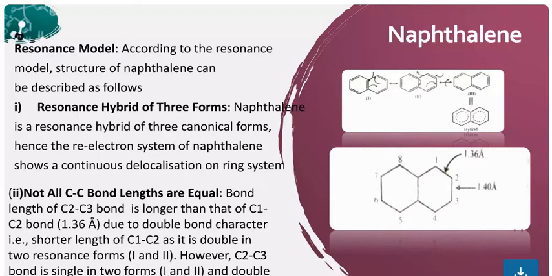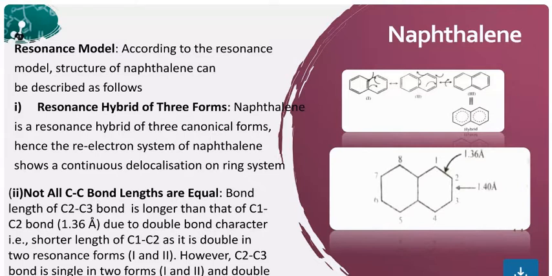Another most important point for examinations and competitive exams: not all carbon-carbon single bond or double bond lengths are equal. The bond length of the C2-C3 bond is longer than that of the C1-C2 bond due to its double bond character, and the shorter length of C1-C2 is because it is a double bond in 2 resonance forms. So the C2-C3 bond is single in 2 forms.